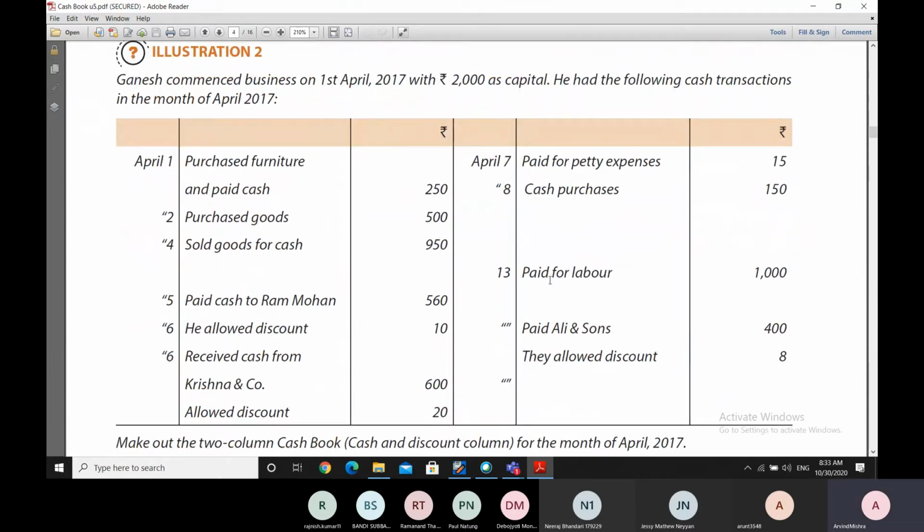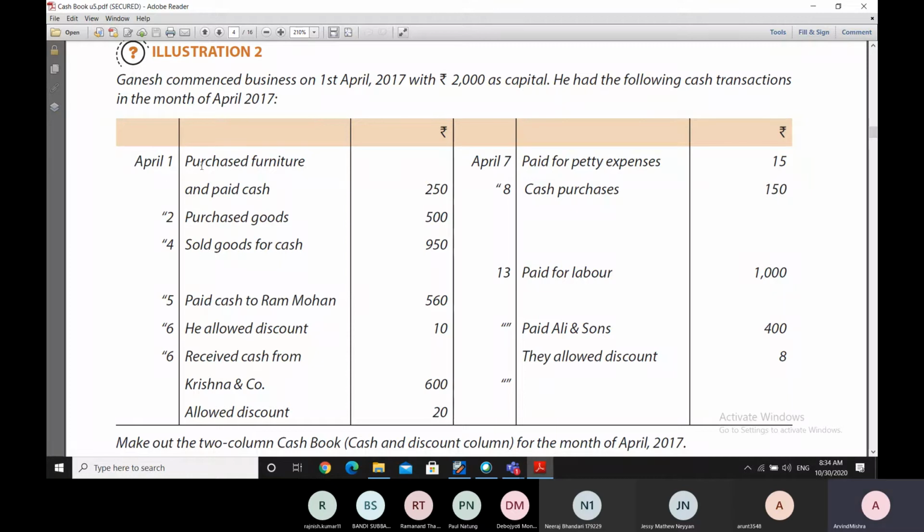Now let us see an illustration of this. Ganesh has commenced his business on 1st of April 2017 with 2000 as capital. Thereafter, he made the following cash transactions in the month of April 2017. So the various cash transactions that are being made by Ganesh are entered here along with the date.